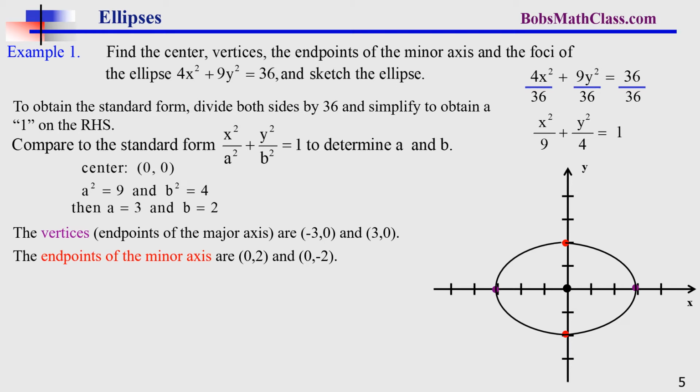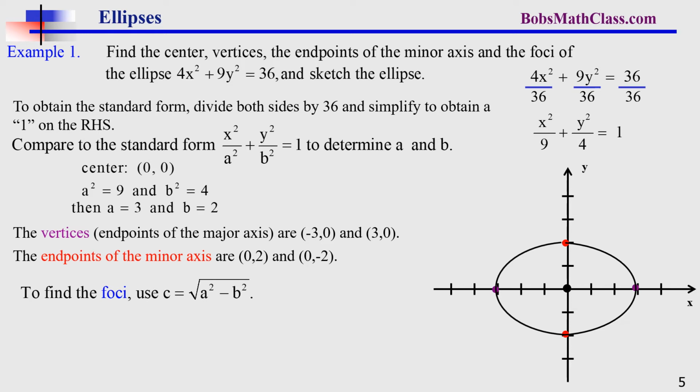Okay, one more thing to do is to find the foci. And the foci are always along the major axis. They're closest to the vertices, so they're near the vertices. Okay, so to find our foci, we're going to use c equals the square root. So it's going to be a minus in the middle.